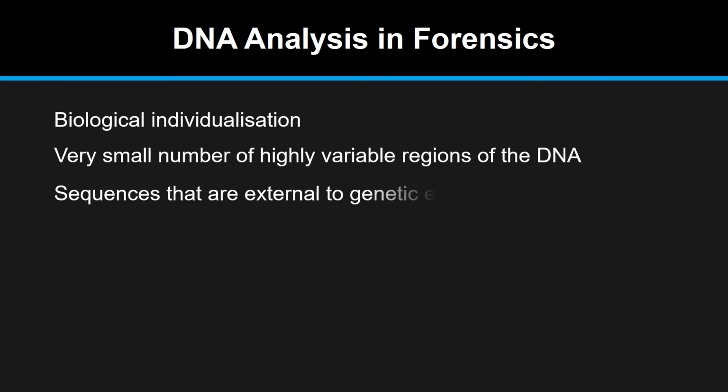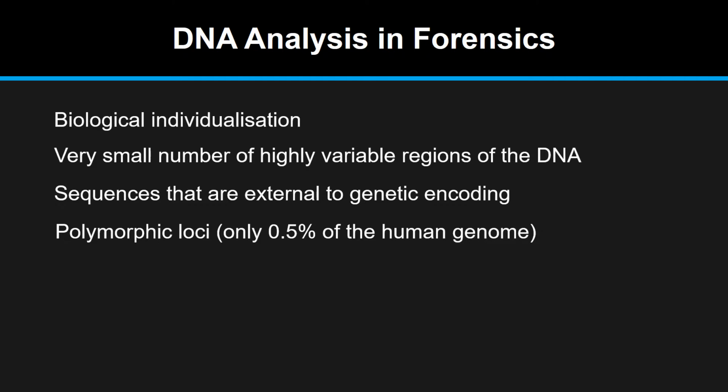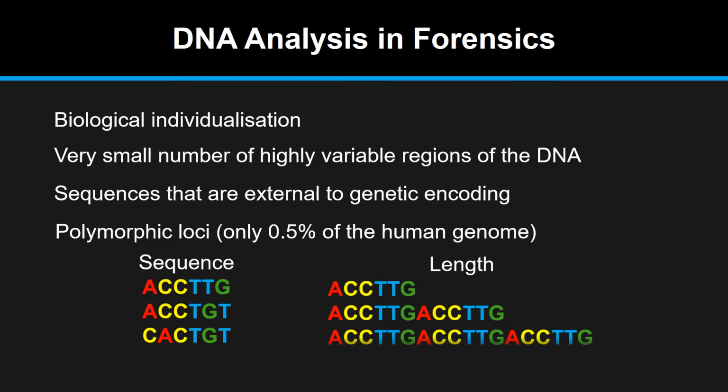Also, forensic analysis favors DNA sequences that are external to the genes and are not believed to encode biological traits. The techniques used in this field exploit those places in the genome known as polymorphic loci, which exhibit detectable variations, and these variations can be in terms of the sequence of DNA bases or in terms of length.